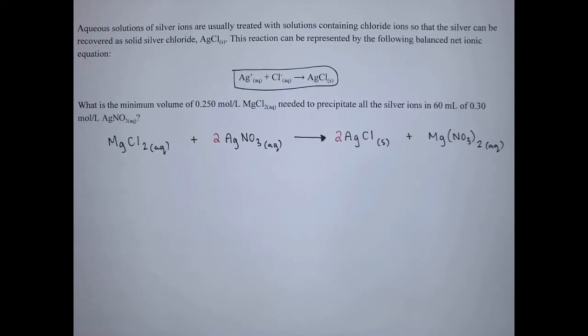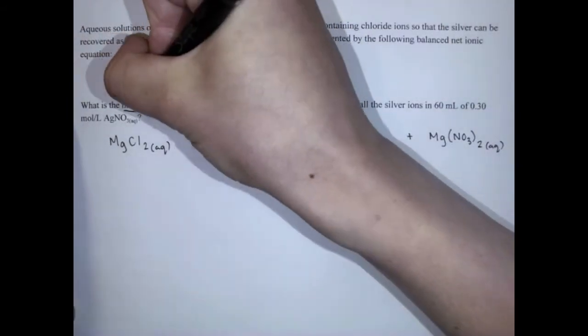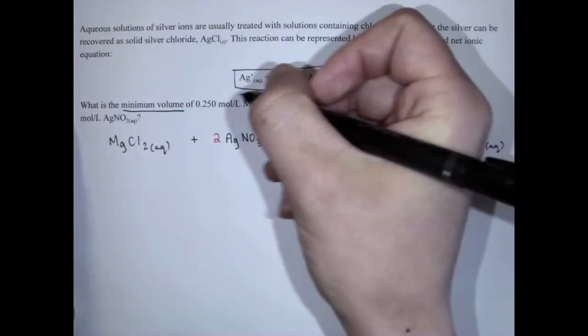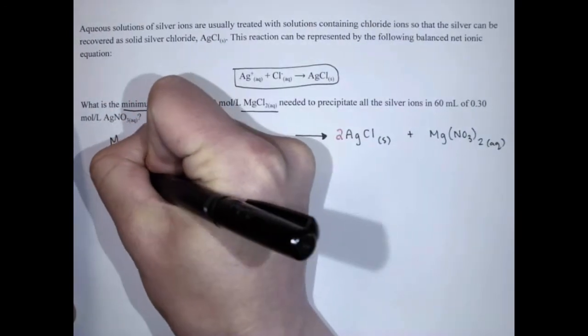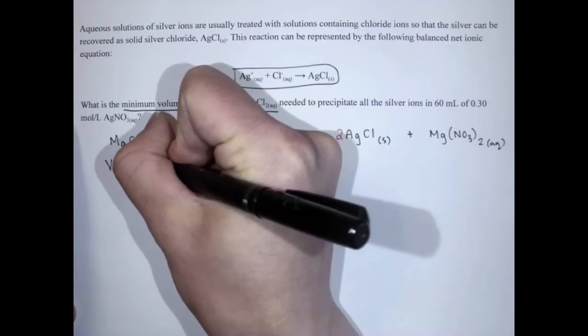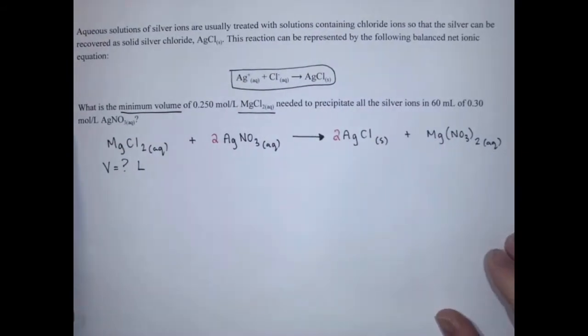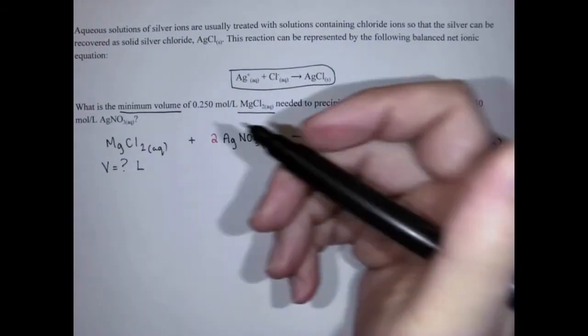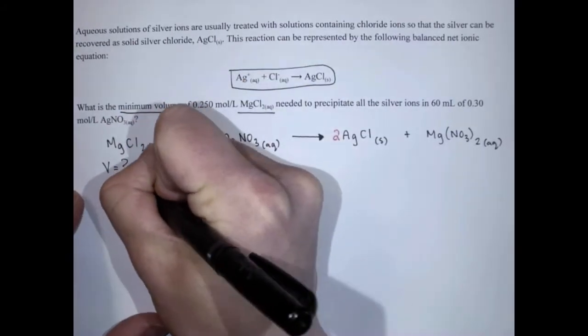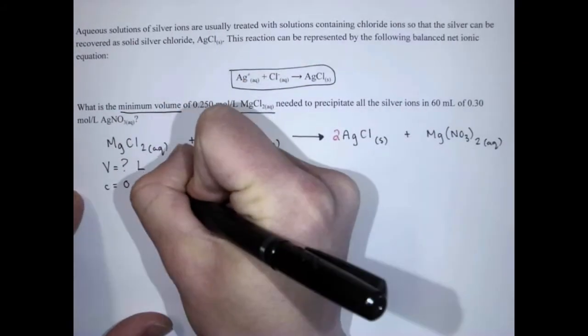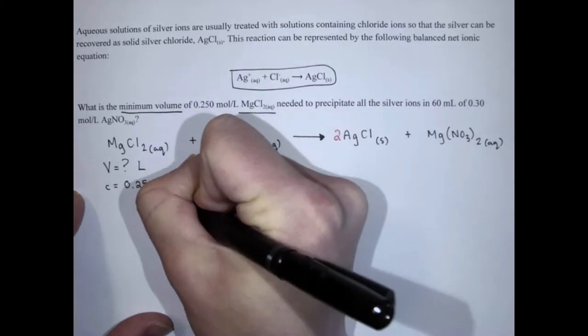So now we can actually start doing some calculations. Once again, we're asked for a minimum volume. We need to figure out what volume of magnesium chloride is required, and that unit will be in liters. We know that the concentration of magnesium chloride is 0.250 moles per liter.